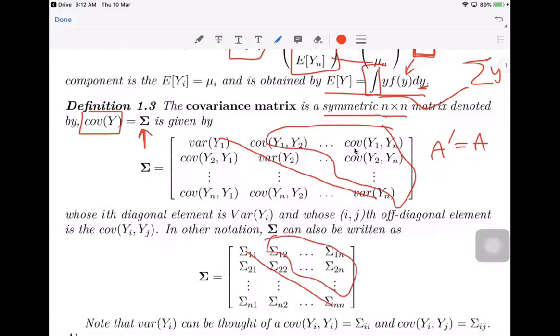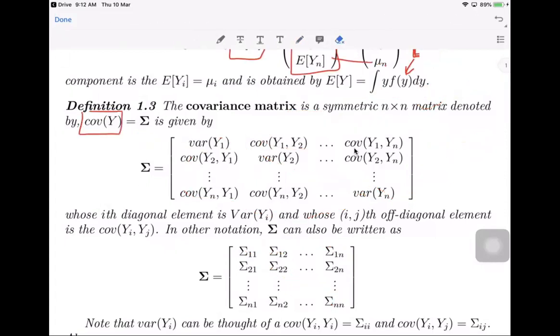Since it is symmetric, the entries above and below the diagonal are the same. These are just two notations of your sigma.